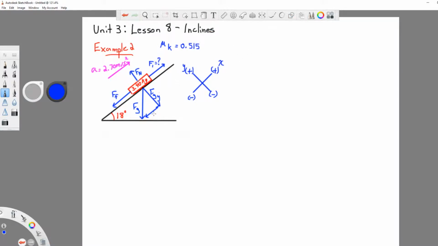And this value is going to be the force of gravity in the x direction, parallel to the slope. All right. So a couple things to draw on here, and we can get going with this question. This angle inside this little triangle of our gravity is equal to the angle of the slope itself. So this is going to be 18 degrees. And we should note that this triangle is a little right angle triangle in here.